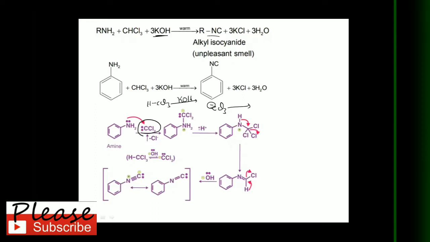In this dissociation, this carbon carries a negative charge with 2 electrons. Now by loss of Cl minus, there are still 2 electrons, but it gains a positive charge, already negative, so totally it becomes neutral. Dichlorocarbene is the reaction intermediate. Okay, and this is the overall mechanism. The final product is isocyanide.